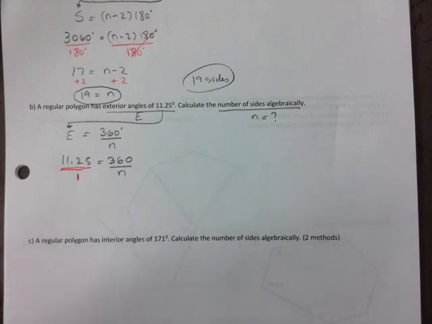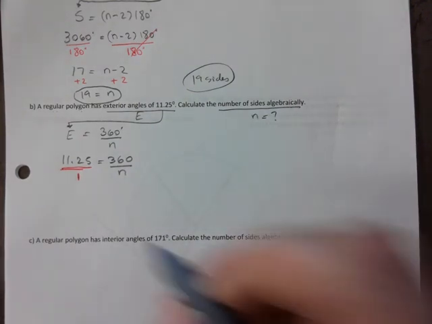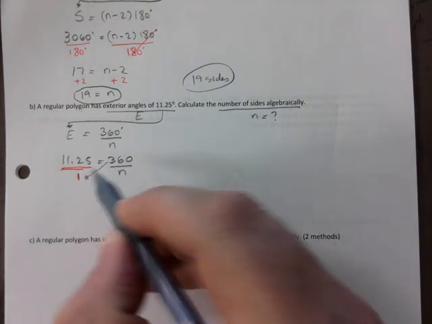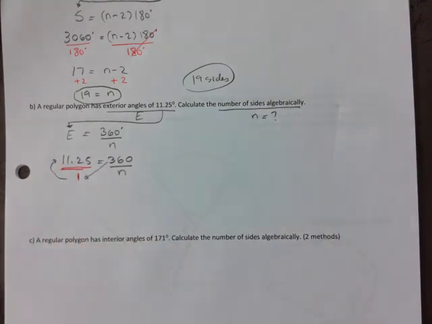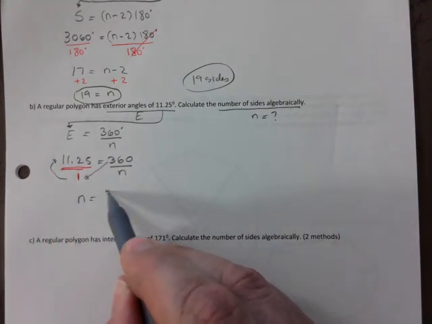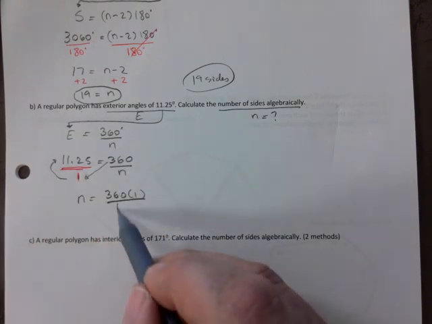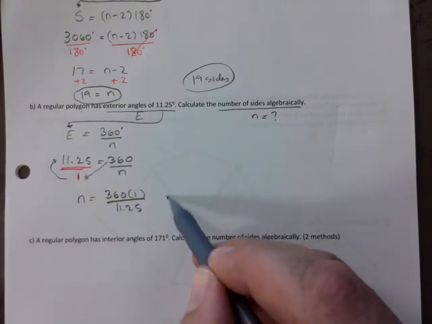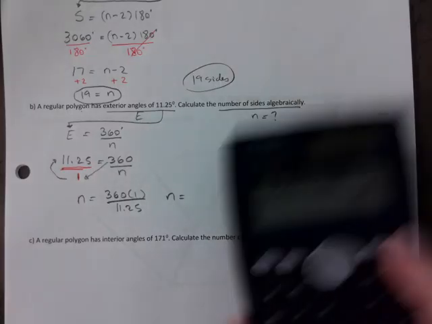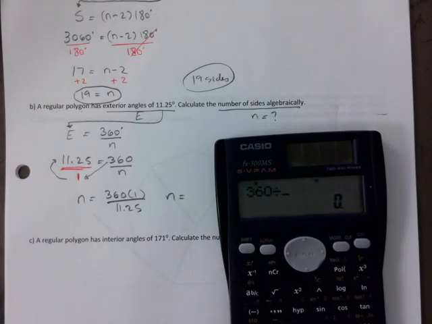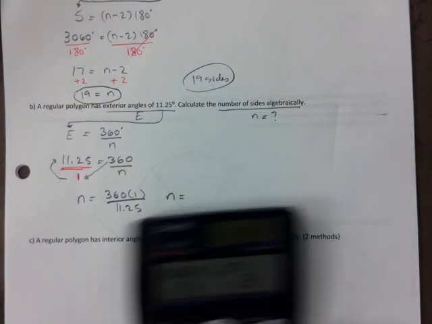Now it does, doesn't it? Okay. Cross, multiply, and divide. So n is equal to 360 times 1 divided by 11.25. 32 sides.